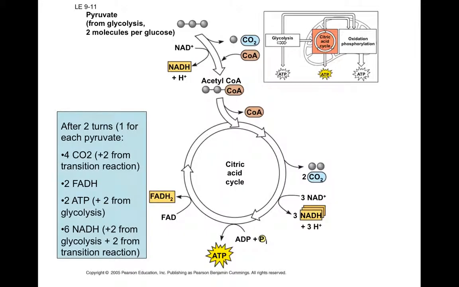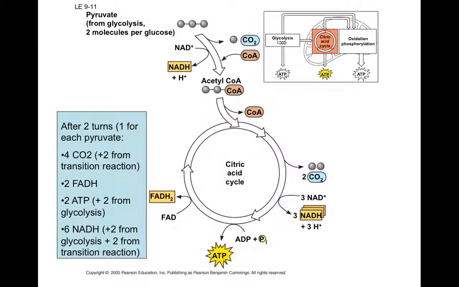Returning back to this diagram, we can see that we will not just have one pyruvate, but 2 pyruvates per glucose enter into the citric acid or Krebs cycle. So referring to the blue box, after 2 turns, which would account for 1 for each pyruvate formed from 1 glucose, it would yield 4 carbon dioxides, 2 FADH2s, please correct my diagram, 2 ATP, and 6 NADH.